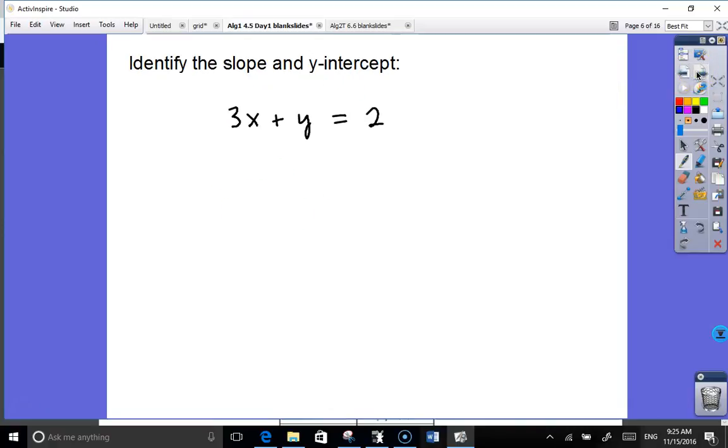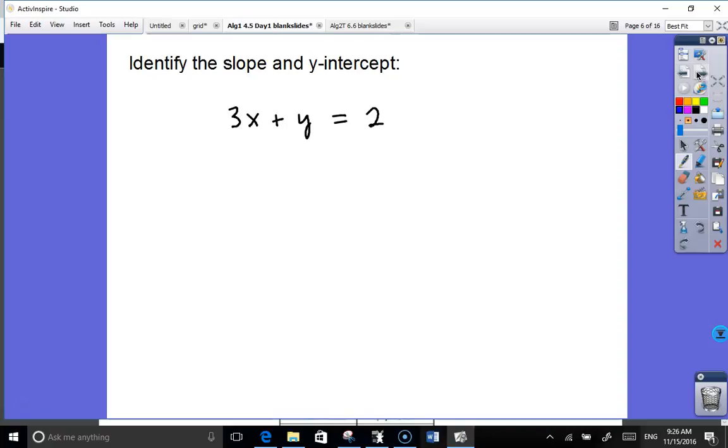Okay, identify the slope and the y-intercept. What is the slope? You've got to solve for y, right? Before you do any of these things, you've got to have it in slope-intercept form before you can read off the coefficient of x as the slope.